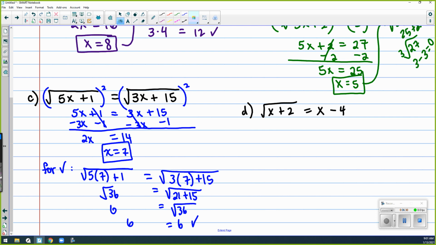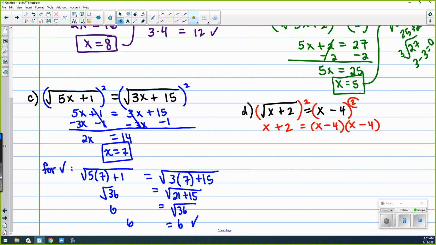Letter D has a radical on one side and then no radical on the other side, but instead this binomial, x minus 4. Okay, well, we are going to square both sides, because then at least I don't have this radical anymore. I'll get x plus 2 on the left, but on the right-hand side, I need to expand and FOIL.